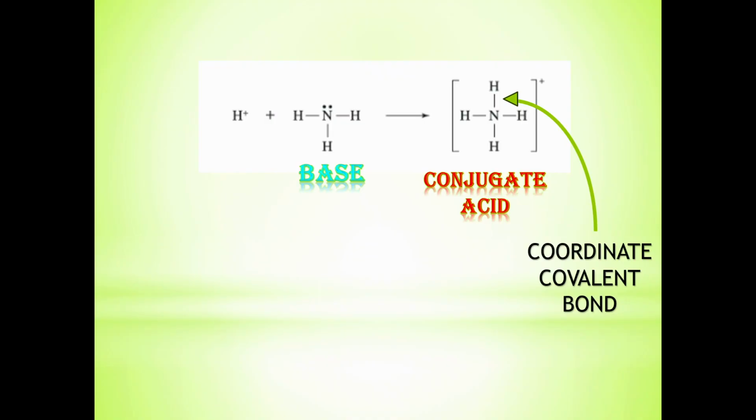I cannot distinguish between those 4 NH bonds. But it's created from an empty orbital and one with a lone pair. So it's not bringing 2 things together that each have an electron, but it's bringing something together that has a lone pair and something that has an empty orbital. So that's all a coordinate covalent bond is. It's just a regular covalent bond. Like I said, I can't distinguish between those NH bonds, but it's created in a slightly different way.